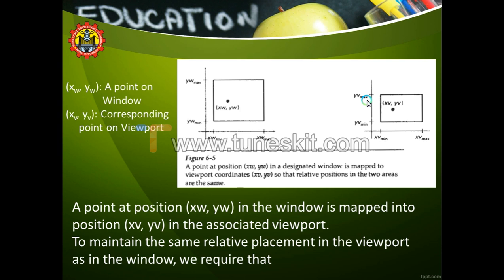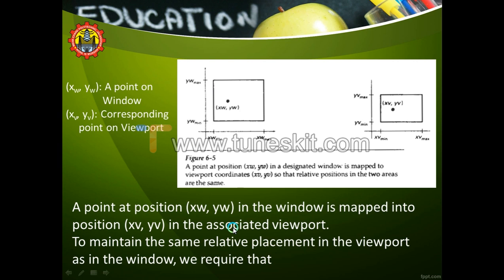Because it's a viewport and they are converted with the device coordinates, right? Now xw, yw, a point on the window, is represented as a point on the window. xv, yv is a point on the viewport, right?